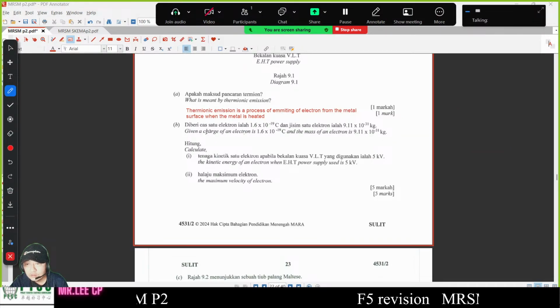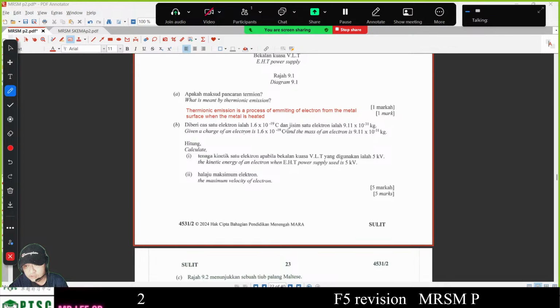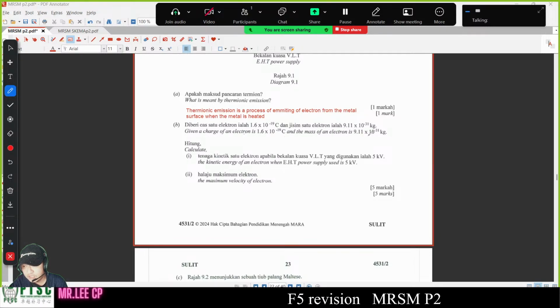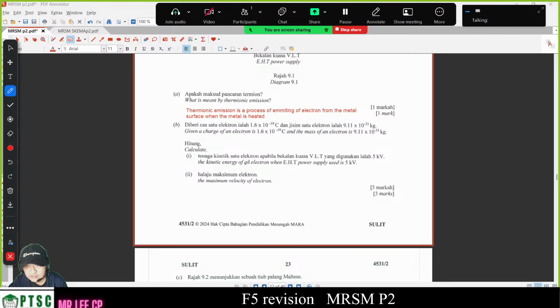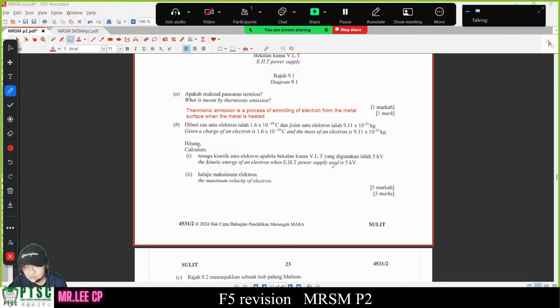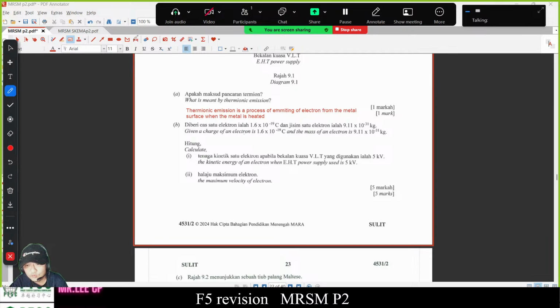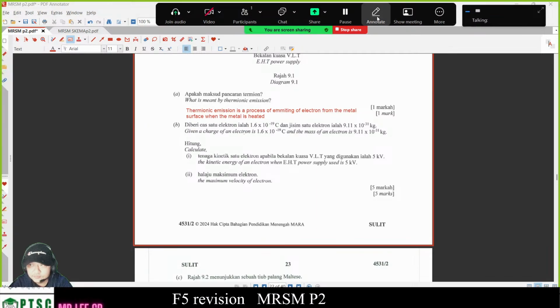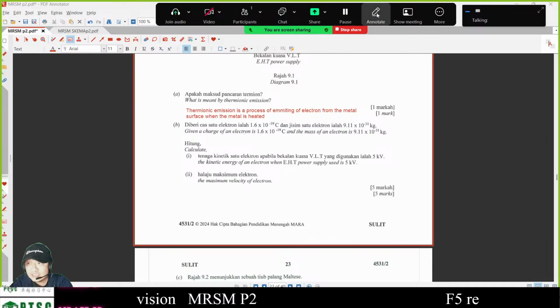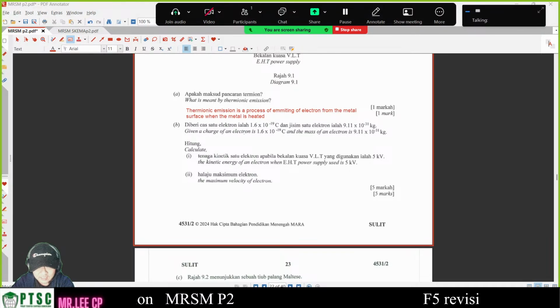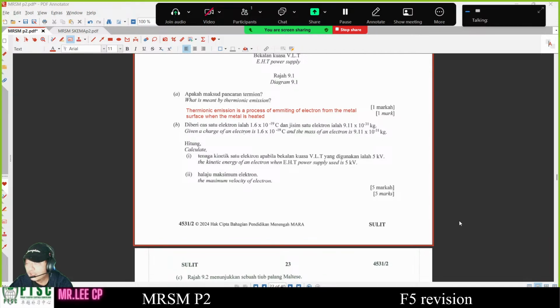Given the charge of an electron is 1.6 times 10 to the negative 19, and the mass of the electron is 9.11 times 10 to the negative 30. Now calculate the kinetic energy of the electron when the potential difference is 5 kilovolt. So how to do this? Now you need to know the kinetic energy formula. Is it given in the question or not?